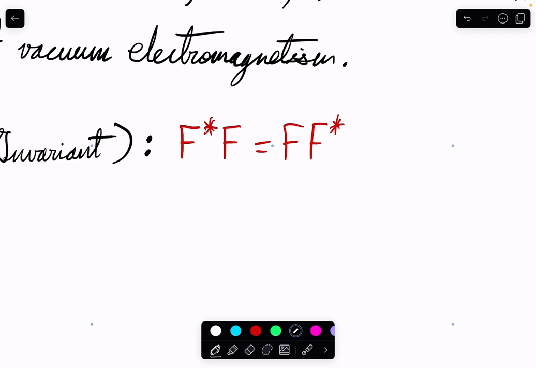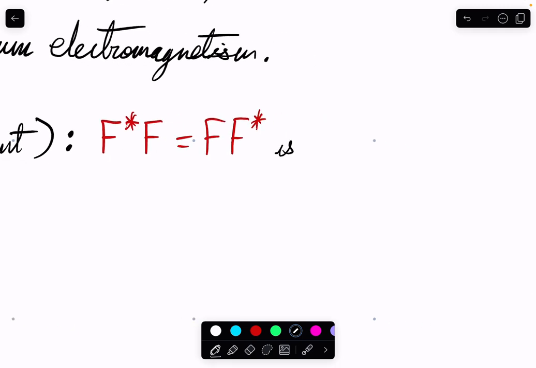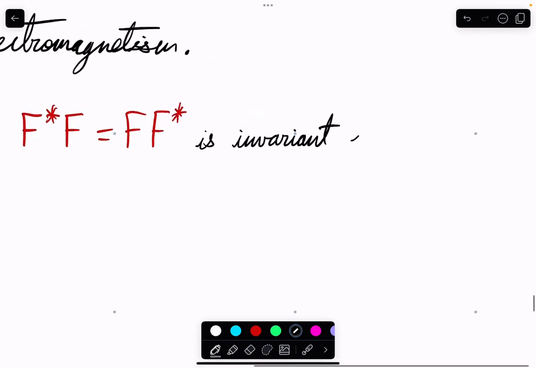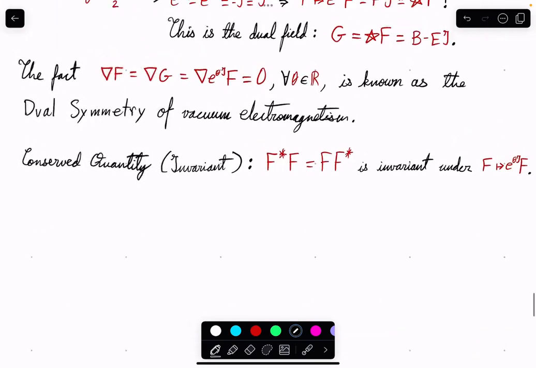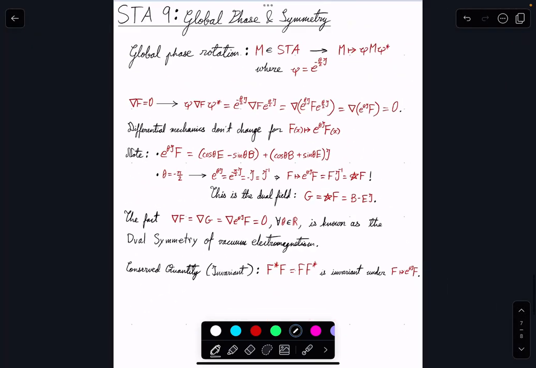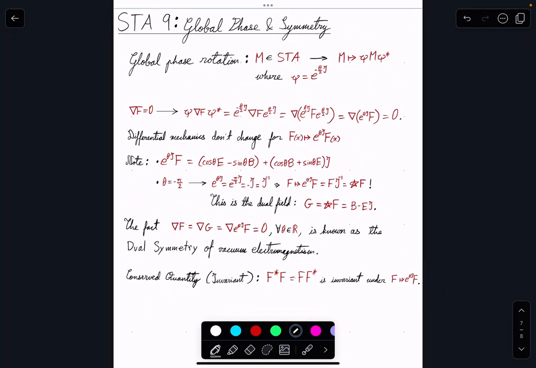So this is invariant under F mapping to e to the theta I F. So this is global phase and dual symmetry of vacuum electromagnetism.